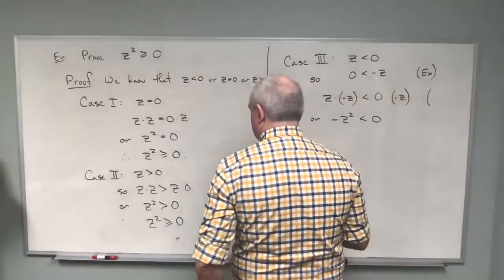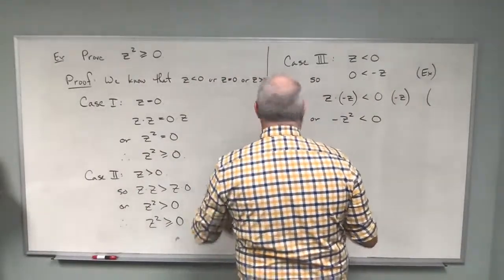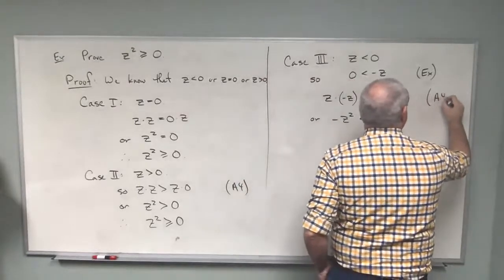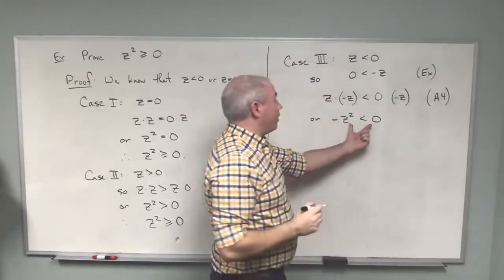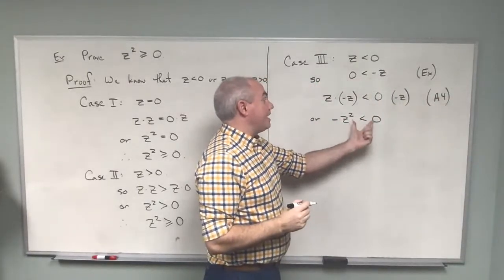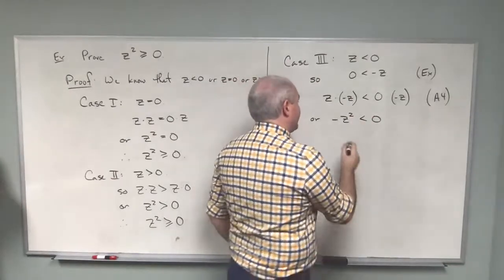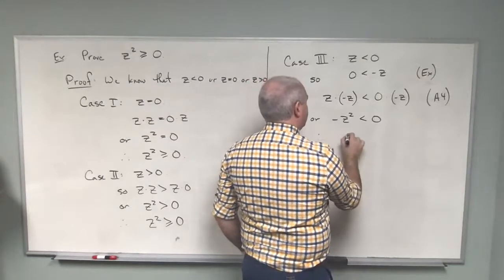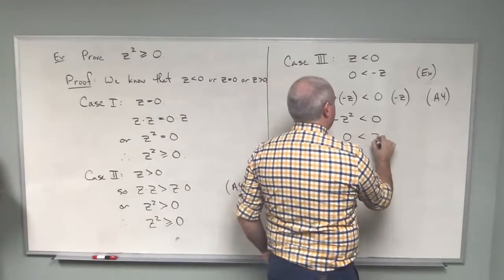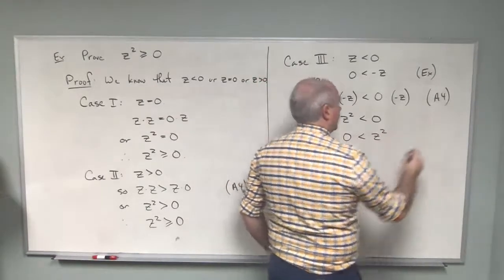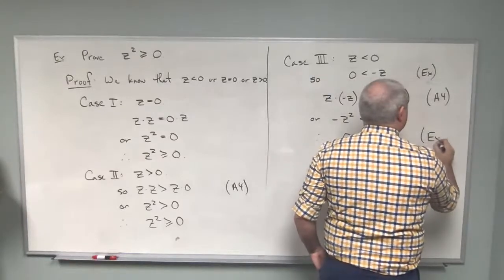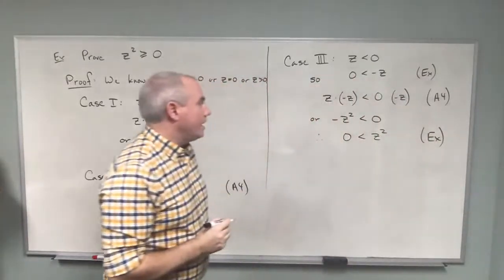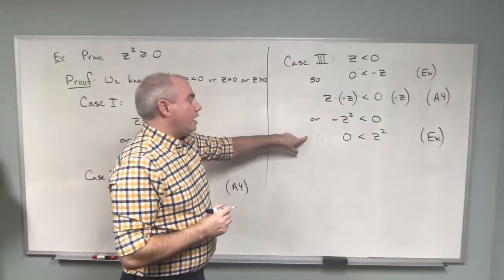Which one did I use? I multiplied both sides by a positive. That's A4. So I want to use that same example again and negate both sides. If I negate both sides, I get, therefore, 0 must be less than z squared by my earlier example problem.